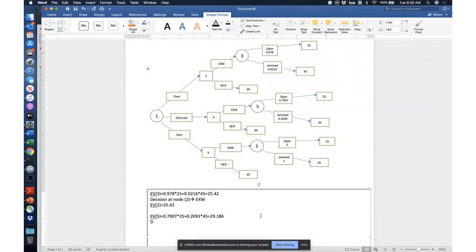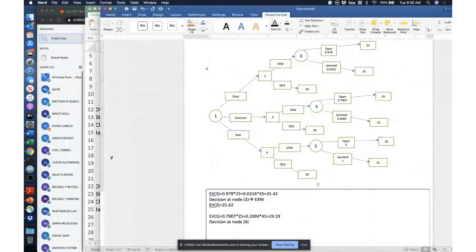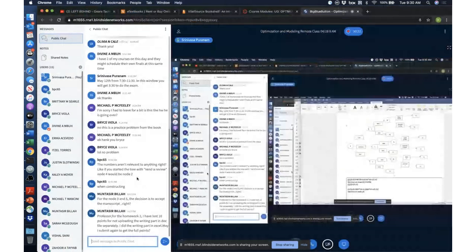So decision at node 4. The payoff here is 29.19 minutes. So if you take the expressway, on an average, it's going to take you 29.19 minutes. If you take Queen City Avenue, on an average, it's going to take you 30 minutes. So it is better for you to take the expressway than Queen City Avenue.